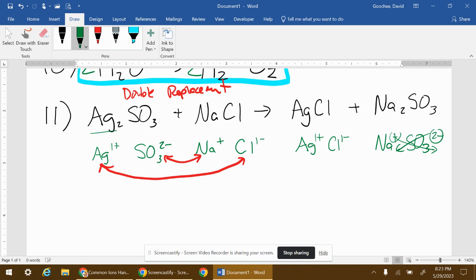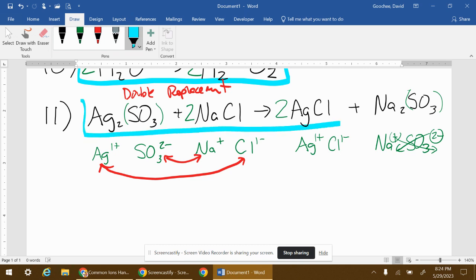Let's see here. We've got 2 silvers on this side and 1 over here, so we're going to put a 2 down. Okay. We've got 1 sulfite, SO3 is 1, and 1 sulfite, so that's balanced. We've got a sodium here and 2 sodiums here, so we've got to put a 2 in front. And that's balanced. Okay, so this is it.